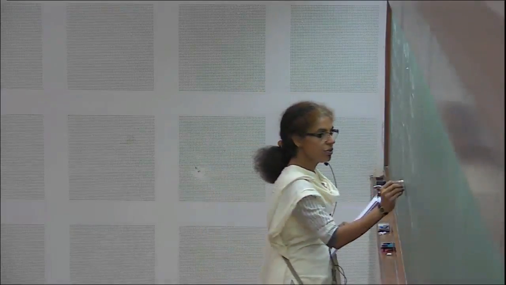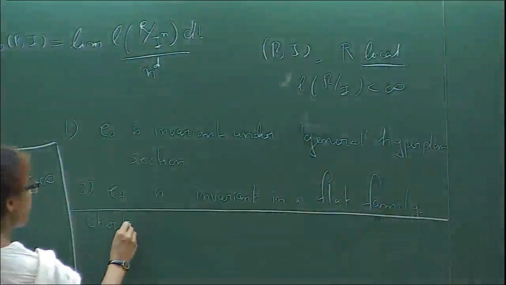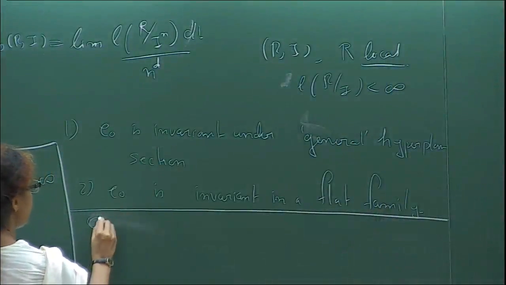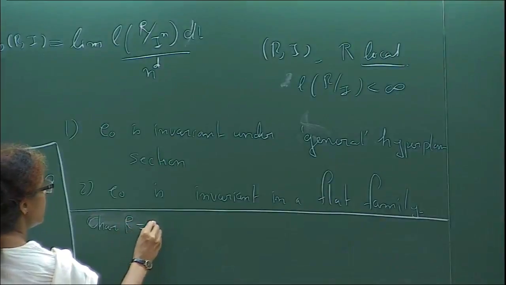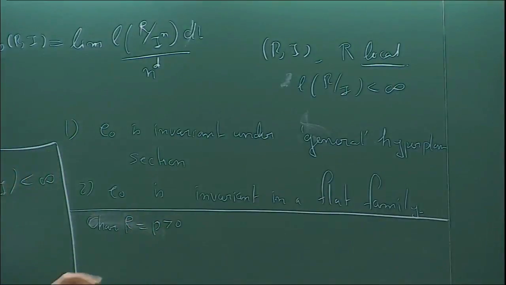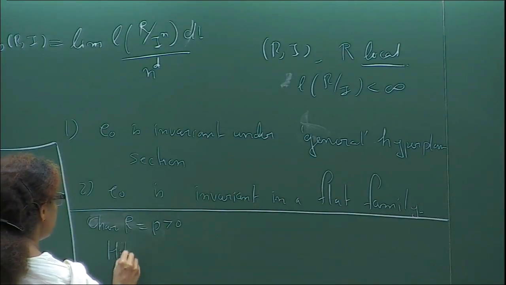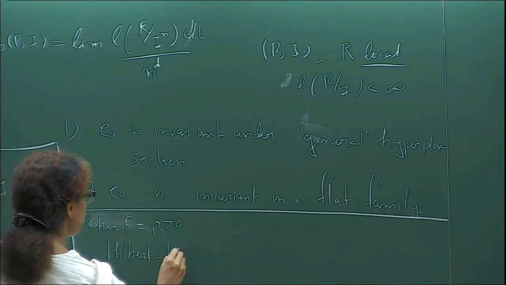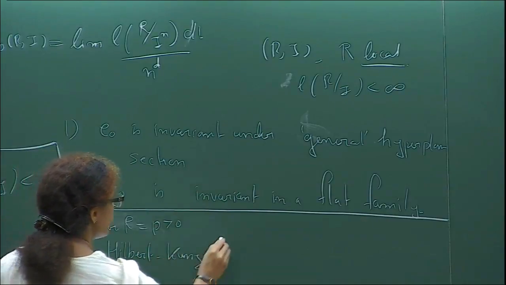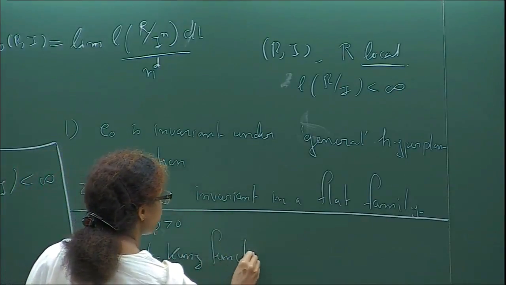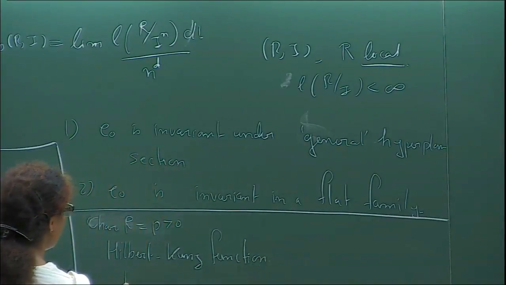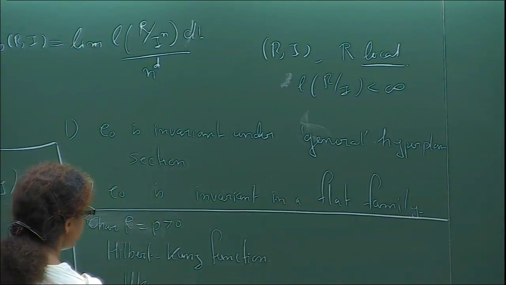Now suppose the characteristic of the ring is positive. Then I can similarly define another function, called the Hilbert-Kunz function, HK. It is defined as follows.